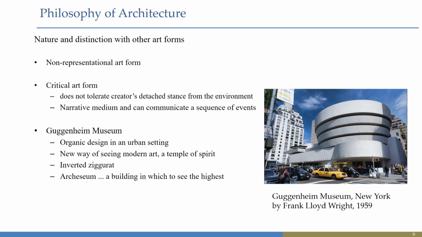So, what I am trying to say is that architecture is a narrative medium in the sense that it narrates a story, a sequence of events, and it communicates by its form and the way it conducts its form. It is able to tell a story by the movement of people and people's emotions.